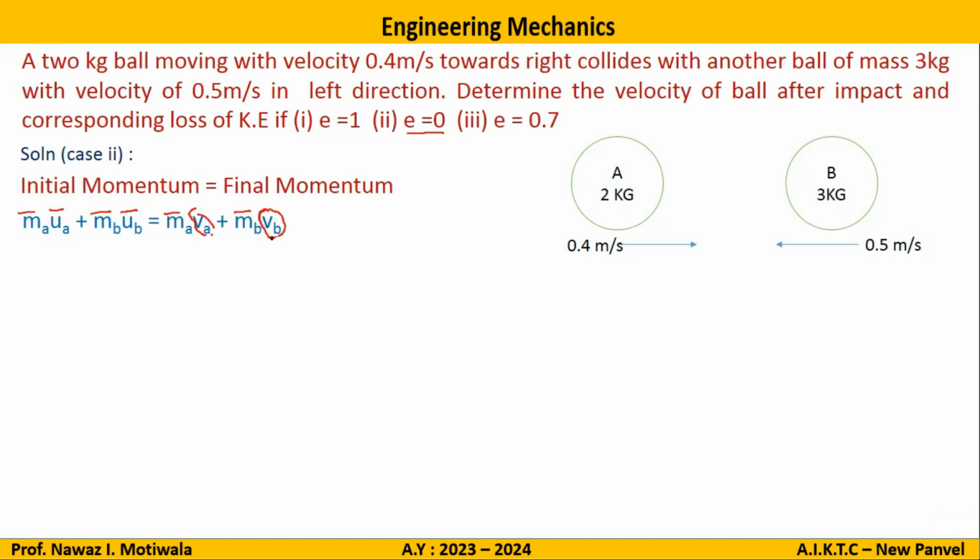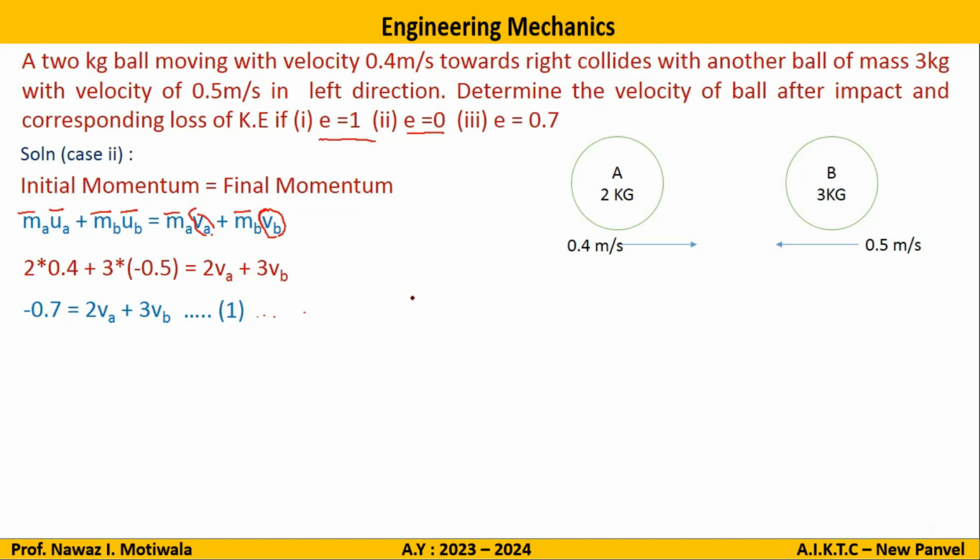Now just a point worth noting. In the previous case, when we were solving for e is equal to 1, we used the same equation and nothing has changed in this. So you will observe that if I substitute the values, I will get equation number 1 same as that we got in the previous case. So you need not solve again for equation 1.